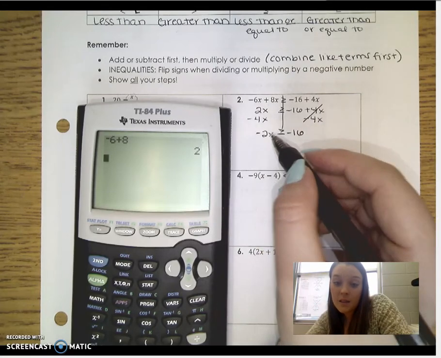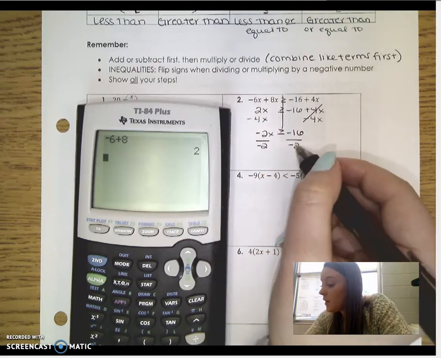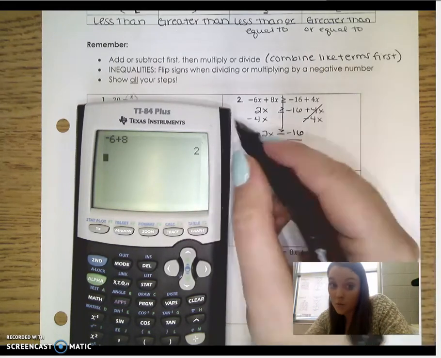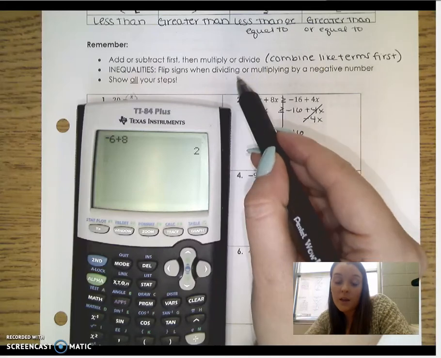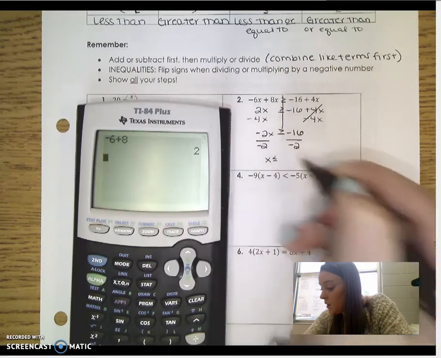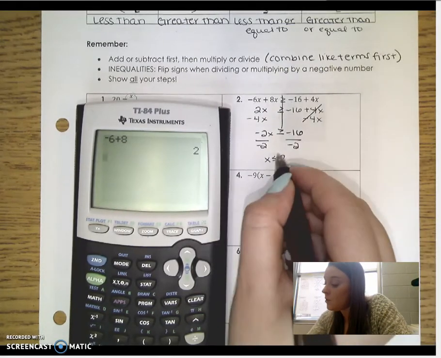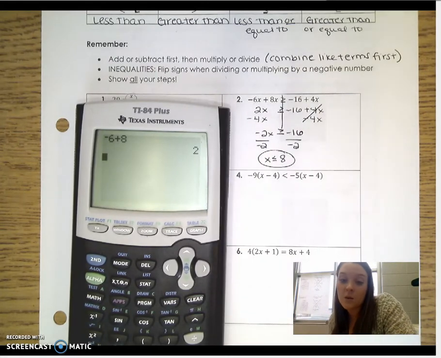And then last, to get x by itself, I'm going to divide by negative 2. Now, because I'm dividing by a negative, remember when you multiply or divide by a negative, you flip your sign. So this greater than sign becomes a less than sign, and negative 16 divided by negative 2 is 8. So my final answer would be that x is less than or equal to 8.